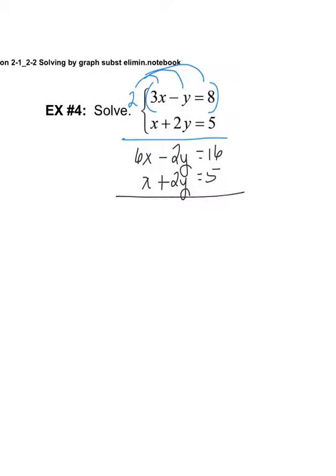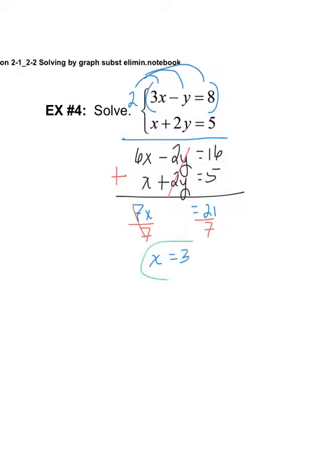And now, when I add, the y's are eliminated. 6x plus x is 7x equals 16 plus 5 is 21. Divide by 7. And x is equal to 3.